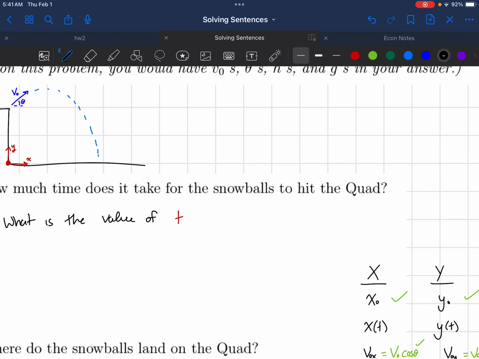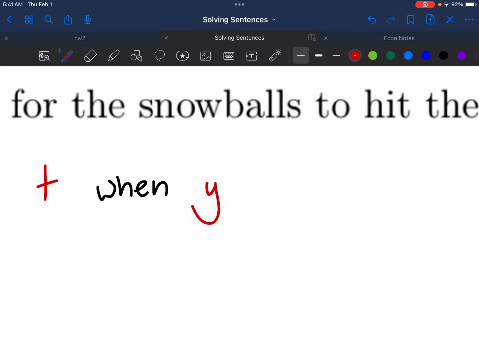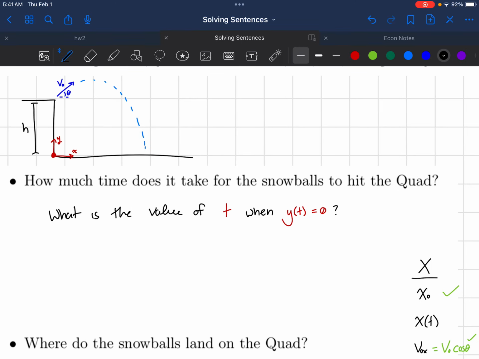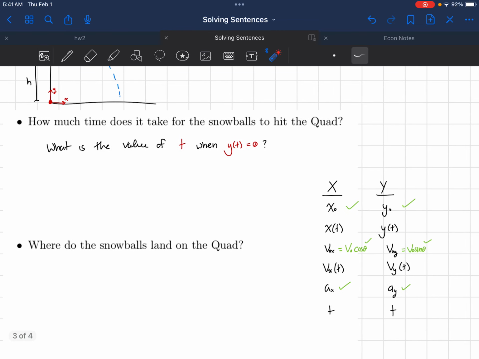My y of t is 0. So the value of t at the time when y of t is 0. This one, I could just set up my y position equation like I did before, plug in all of my known values, and solve directly for time from that kinematic equation.